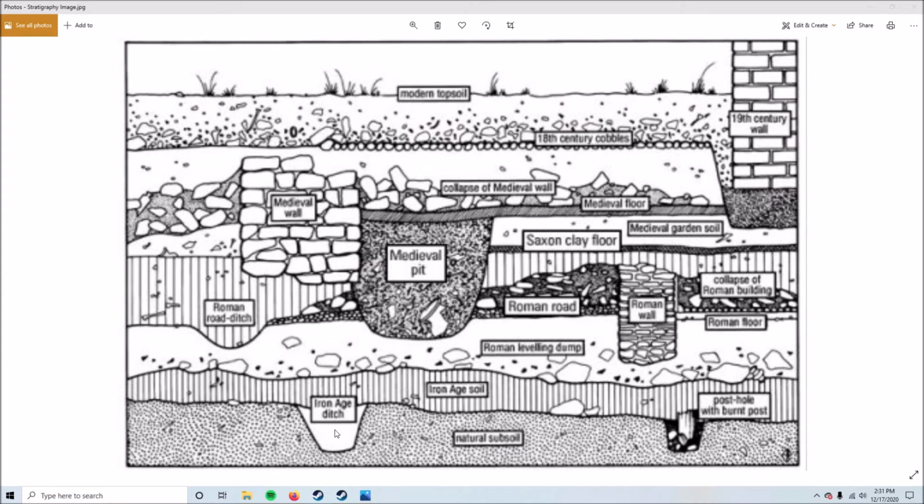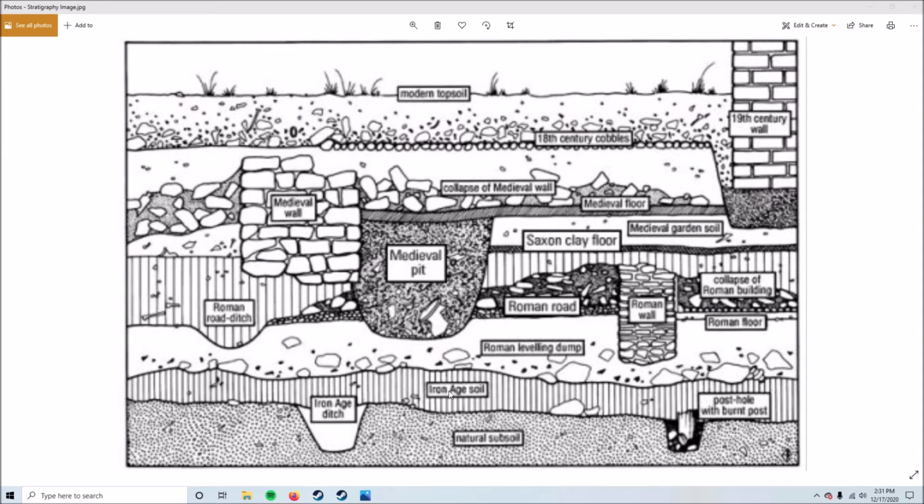So you have the Iron Age ditch, post hole, and then covering it is soil, which has been dated to what is considered the Iron Age. The soil could have been dated using things like carbon dating or other things in order to give it that Iron Age date, as opposed to saying that it's older than this and younger than this, which is what stratigraphy can do all on its own.